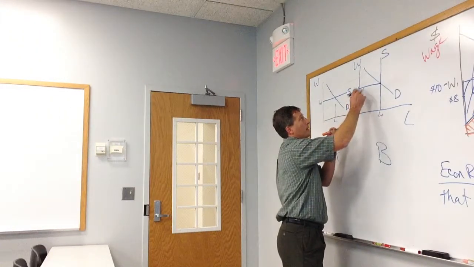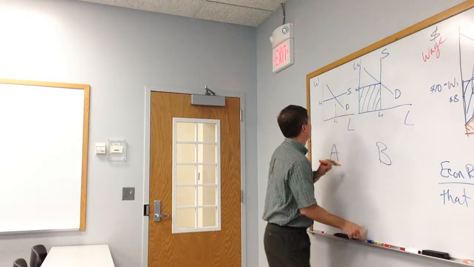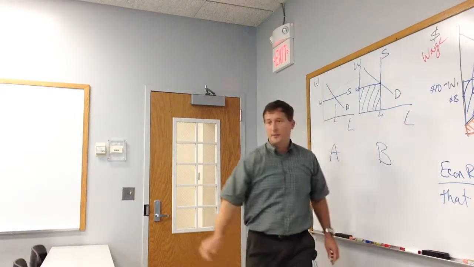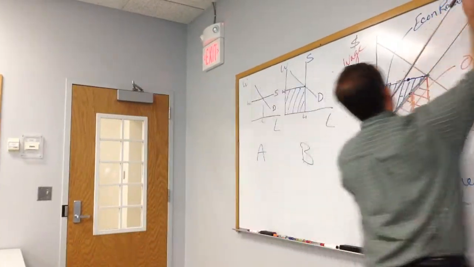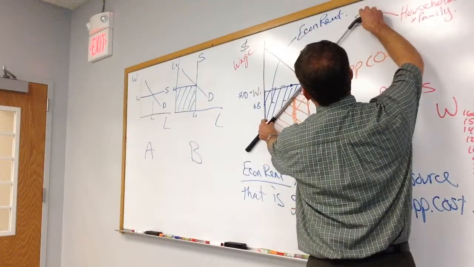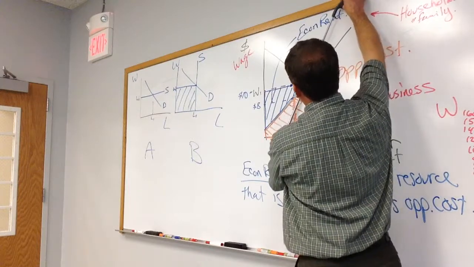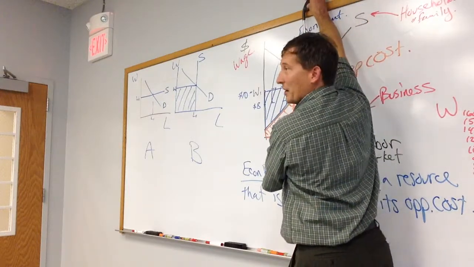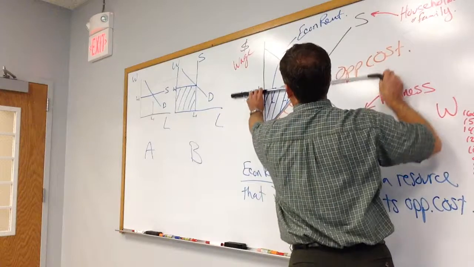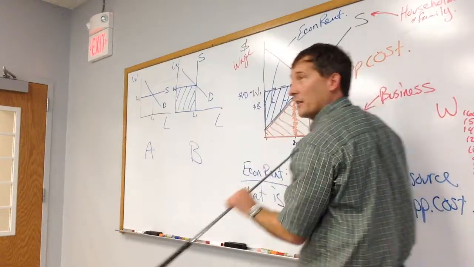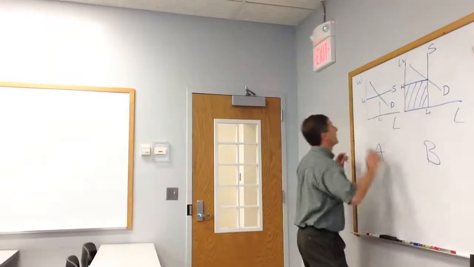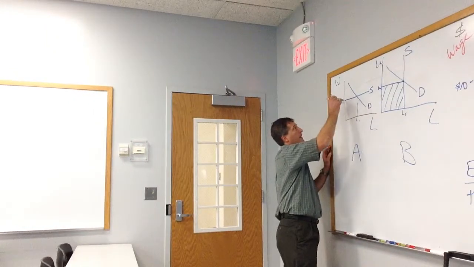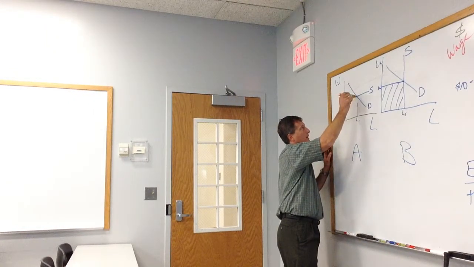All right, so one way to think about it, that is correct, is if we do a little technology and we think about this. As I start to make this more inelastic, what's happening to the blue box? It's getting bigger. As I go this way, the orange box is getting bigger, right? So that's one way to kind of think about it from that standpoint.